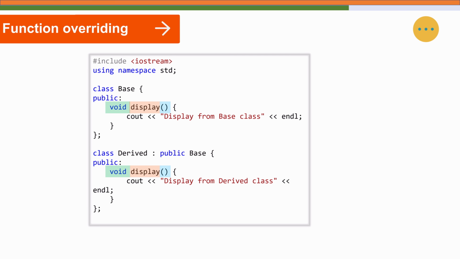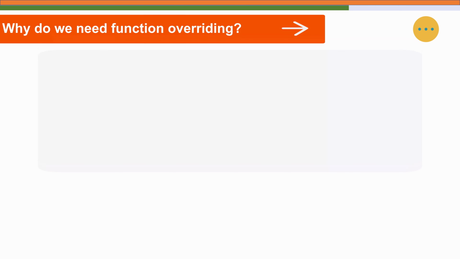The key idea is that both functions, the one in the base class and the one in the derived class, have the same name, same return type, and the same parameter list. When that happens, the derived class version overrides the base class version. So function overriding enables us to perform runtime polymorphism, allowing different behaviors depending upon the object type that is used.